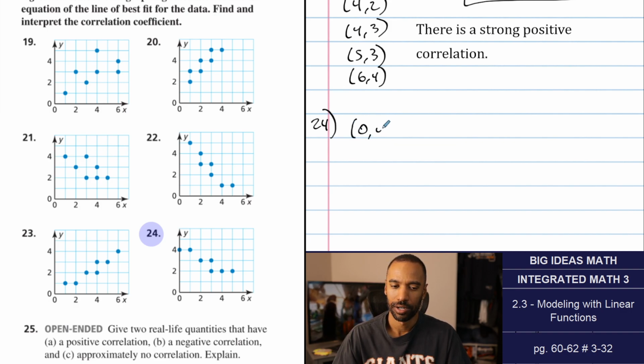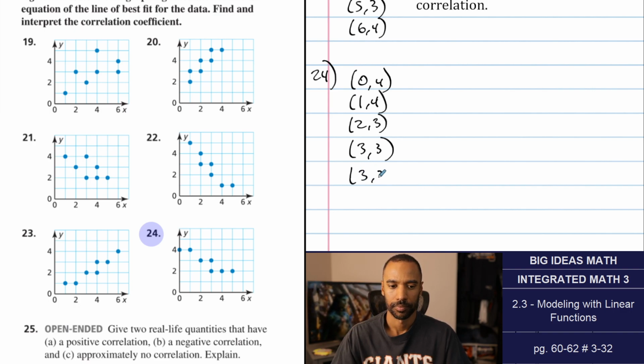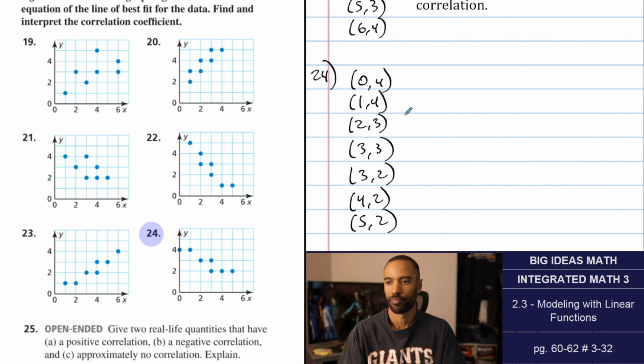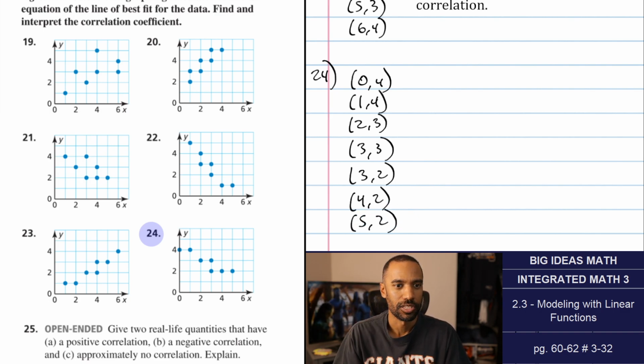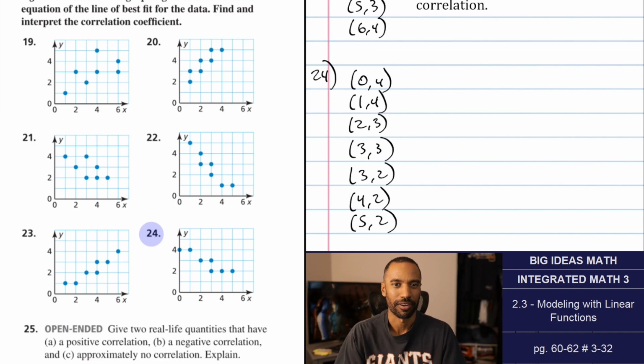I got 0.4, 1.4, 2.3, 3.3, 3.2, 4.2, 5.2. It seems to be spreading out more though. Probably the 0.83. I don't know if I'm really good at that. I'm just saying it's pretty strong.